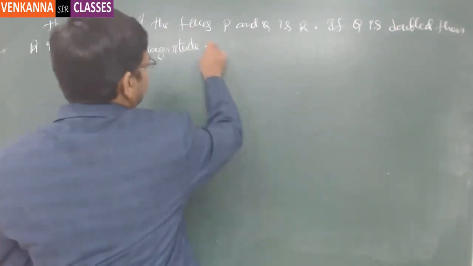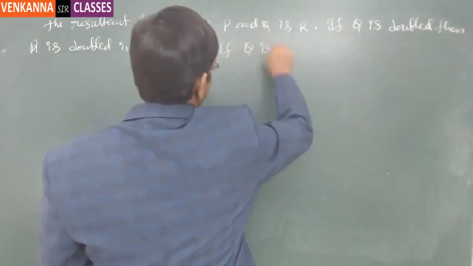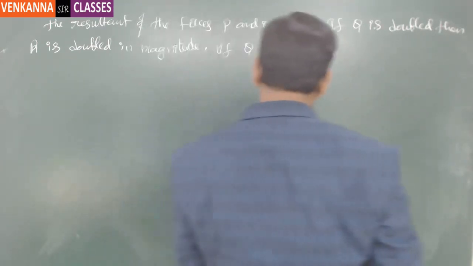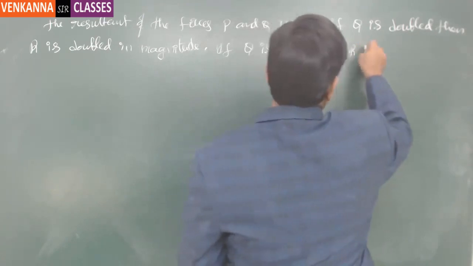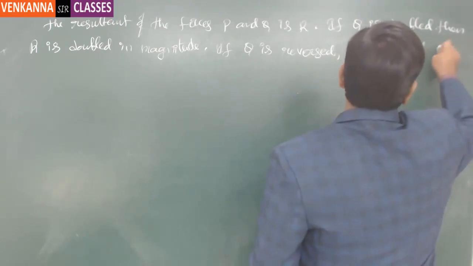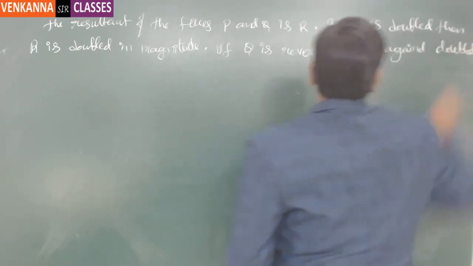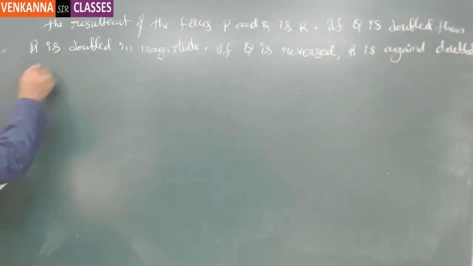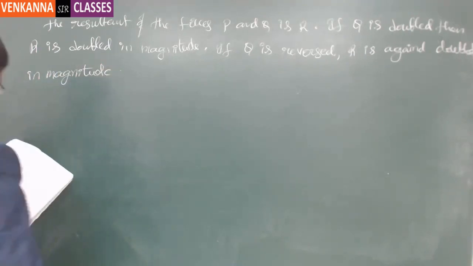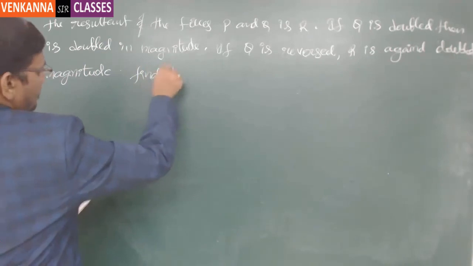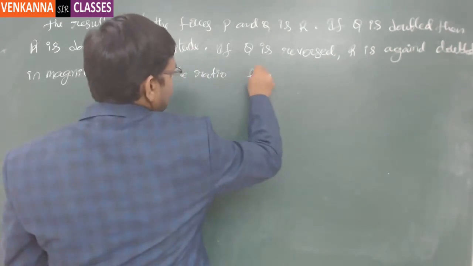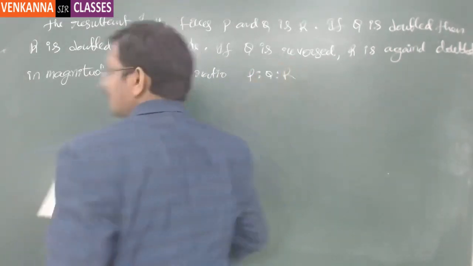If Q is reversed, R is again doubled in magnitude. Find the ratio P is to Q is to R. Try to solve this.